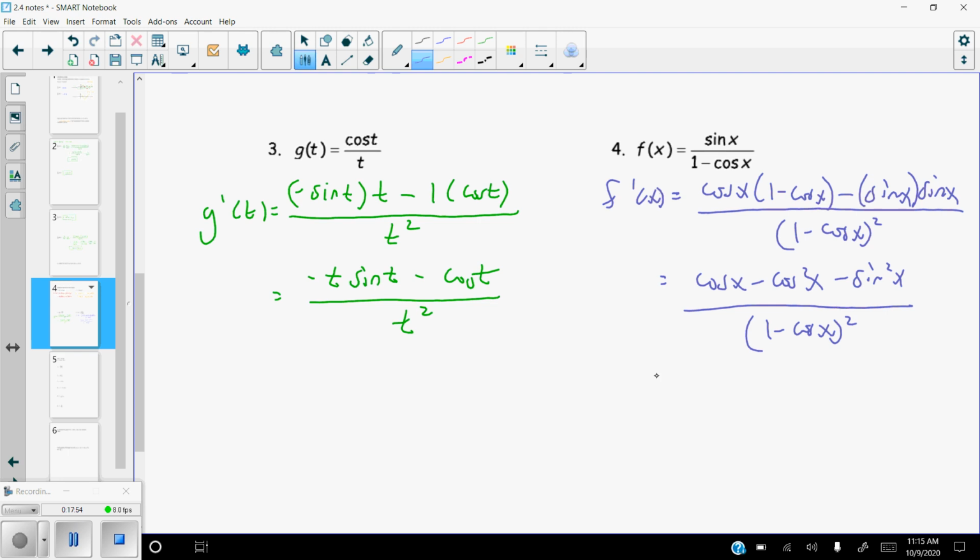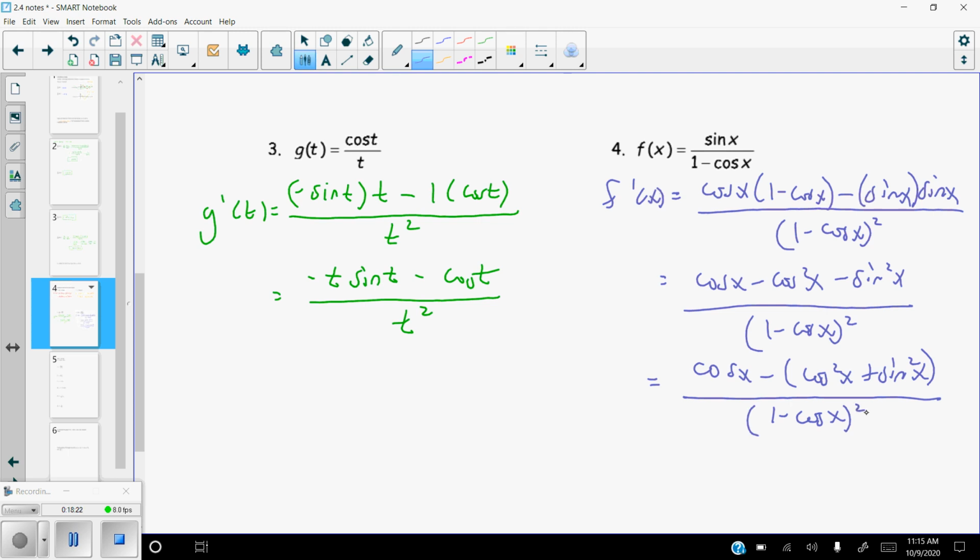It will probably make simplifying harder later. Okay, what I can do on the numerator is I can factor the negative out of both the cosine x and the sine squared of x, and putting that in parentheses, that leaves me with a cosine squared x plus sine squared x all over 1 minus cosine x squared.